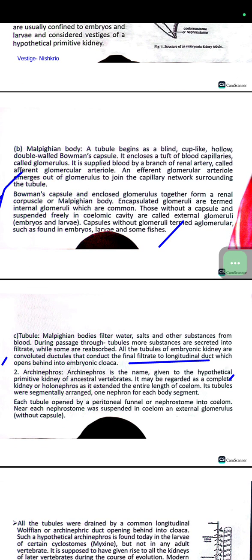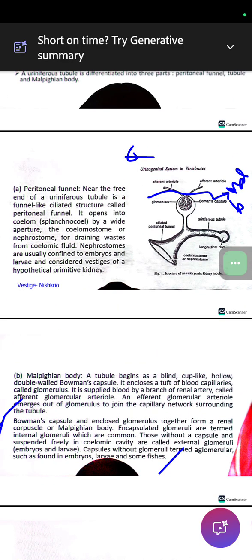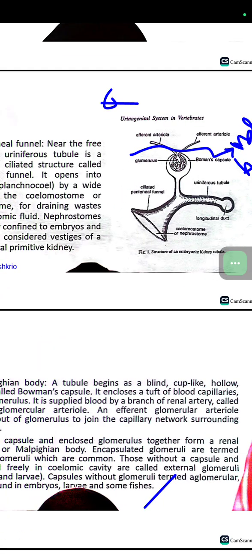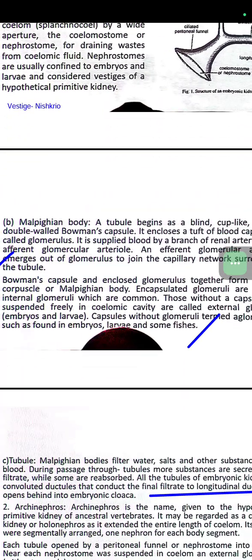Encapsulated glomeruli are termed internal glomeruli, which are common. Those without a capsule and suspended freely in the coelom are called external glomeruli. Capsules without glomeruli are termed aglomerular. So there will be the Bowman's capsule and glomerulus, but capsules without the glomeruli are termed aglomerular.